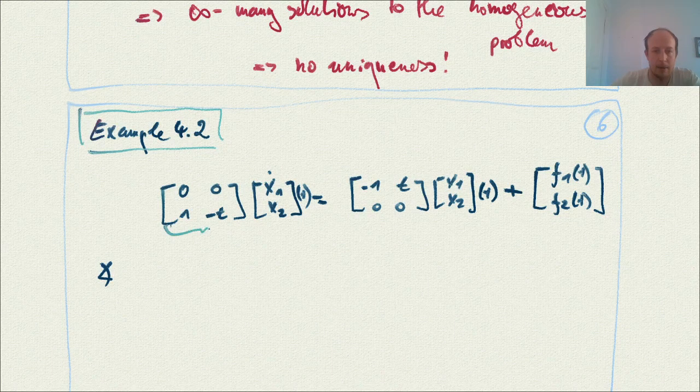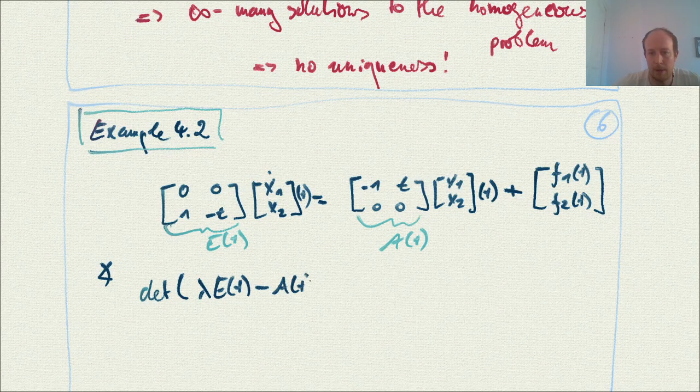So again this here is E(t), this here is A(t), and then again we can consider the determinant of λE(t) minus A(t).